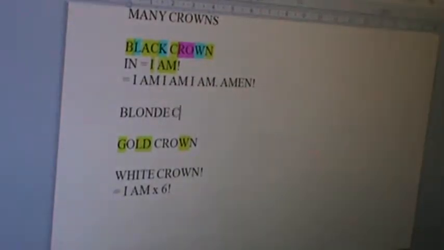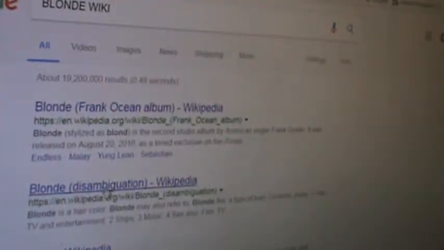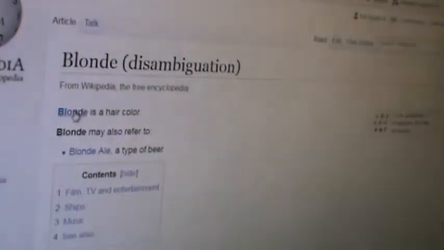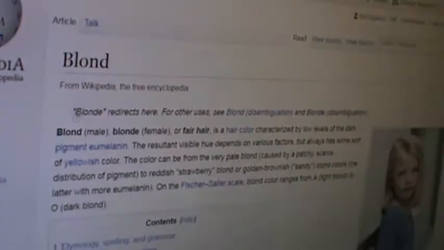What is the British spelling of the word blonde? Blonde? Is that the correct spelling? I believe, blonde is for, oh, I didn't know that. Blonde is for male, blonde is for female.